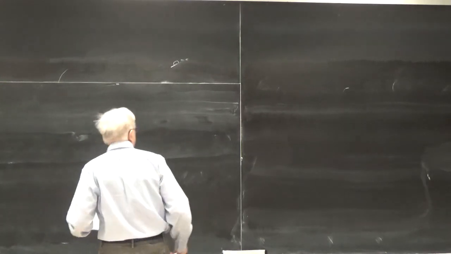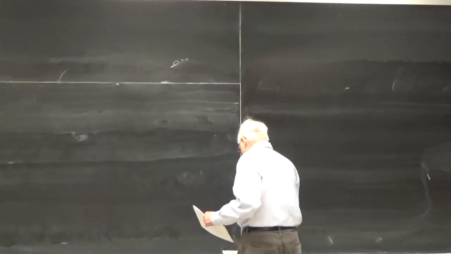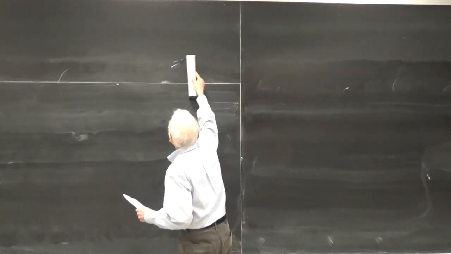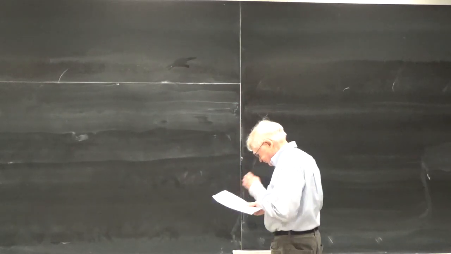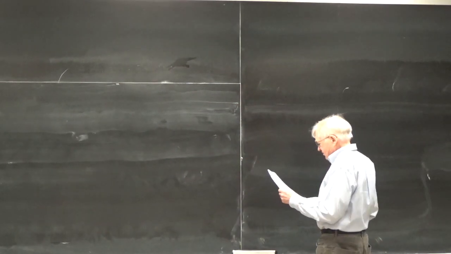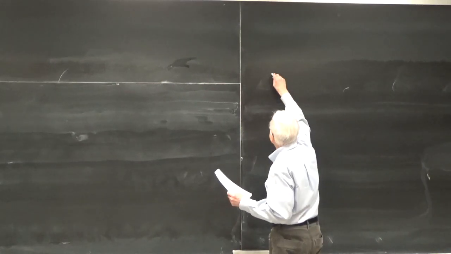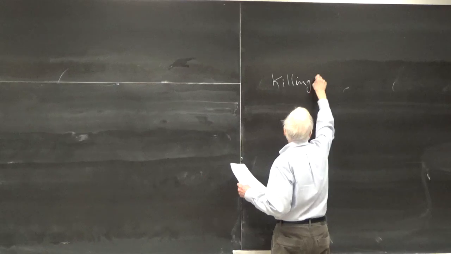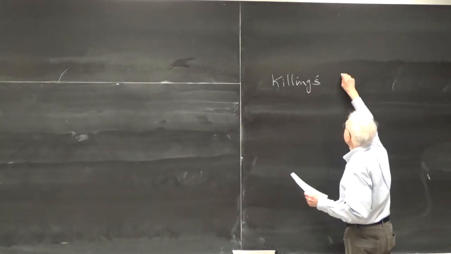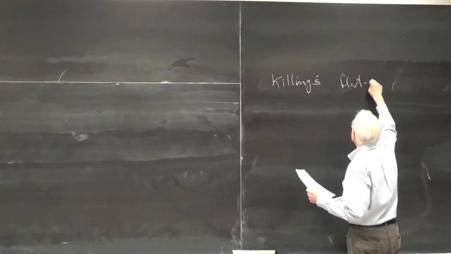Okay, so let's see what it was that we were talking about. First of all, we have a Killing's condition. Flat space condition.